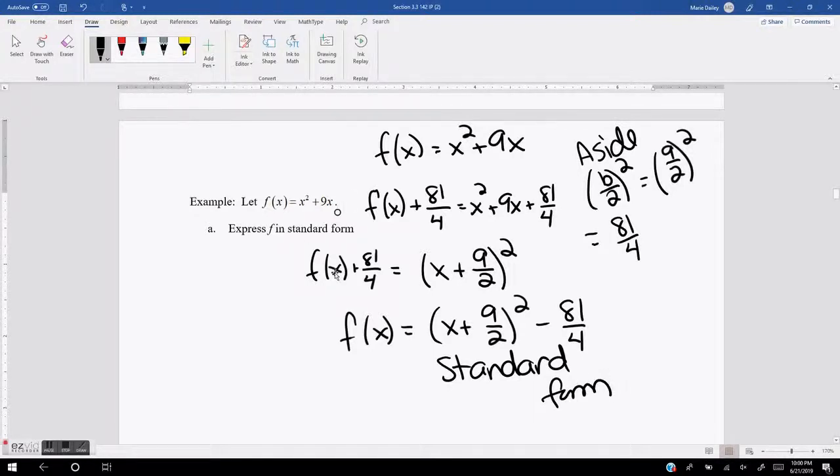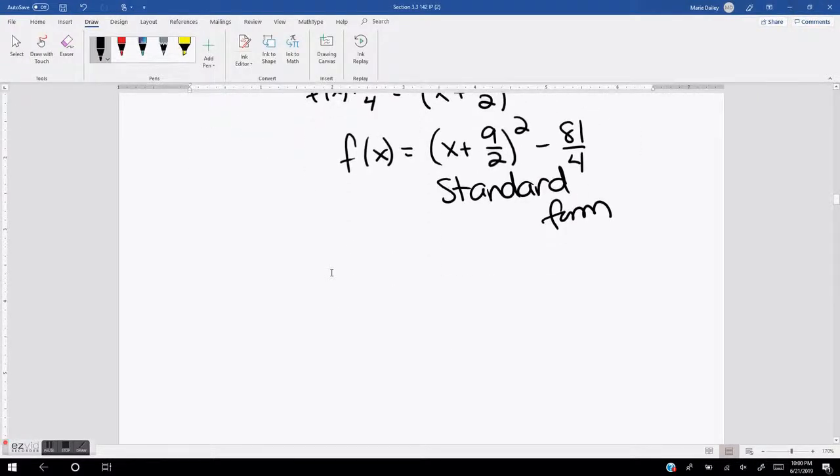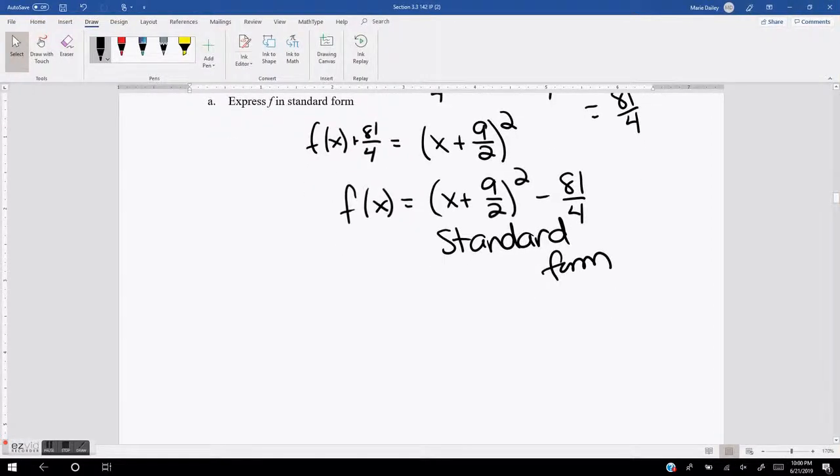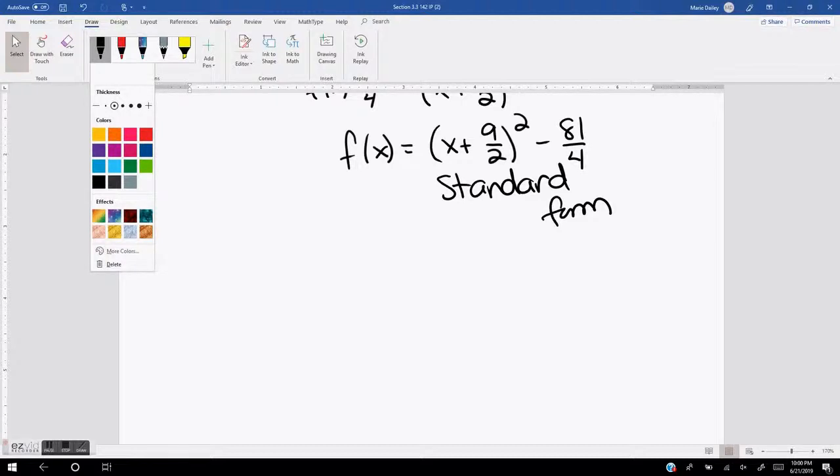Fantastic. The benefit of doing it that way is we can use this to tell us about the vertex and all that fun stuff. So part B asks us for the vertex.